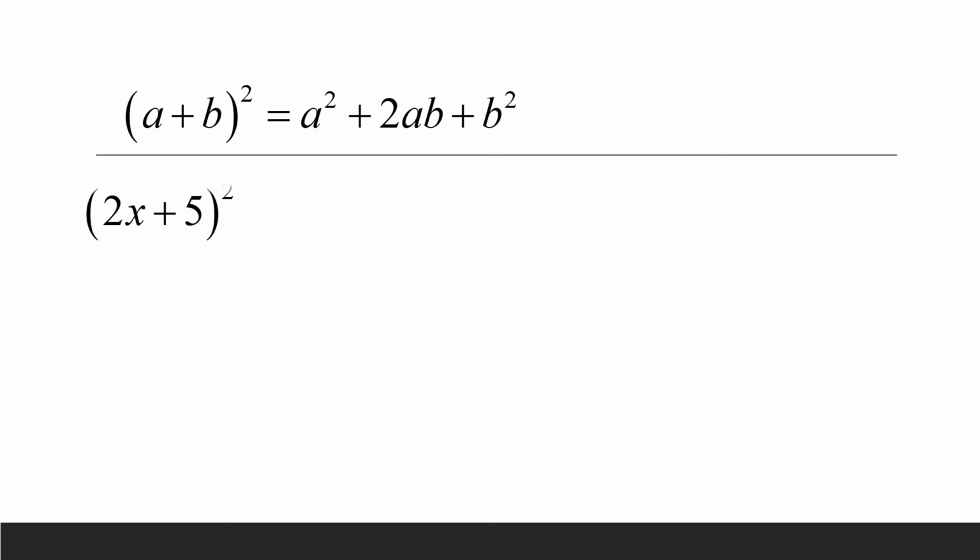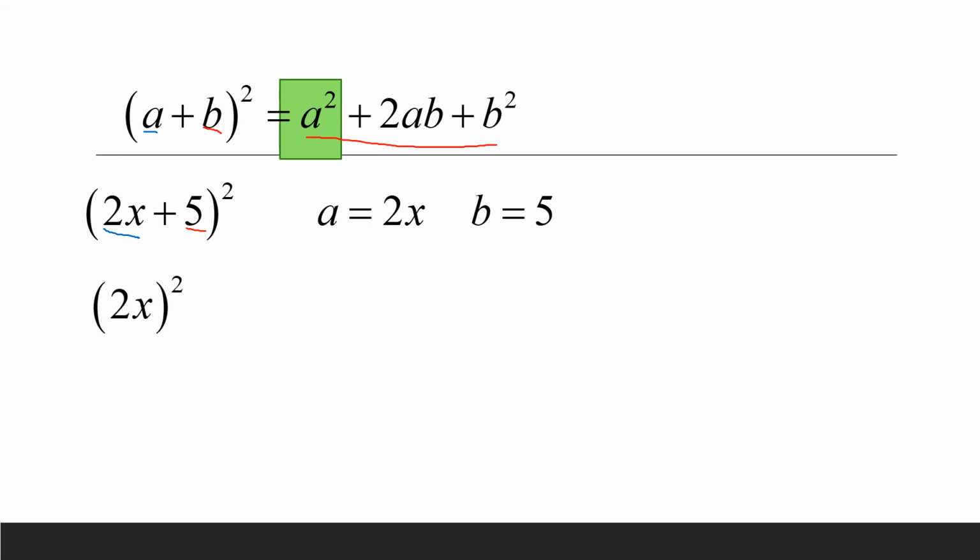So if we use that pattern to expand this binomial, we know that a, in this case, this a here equals 2x, and b, this b here is really equal to 5. So if we plug those into this expansion, we know that a squared would be the quantity of 2x squared.